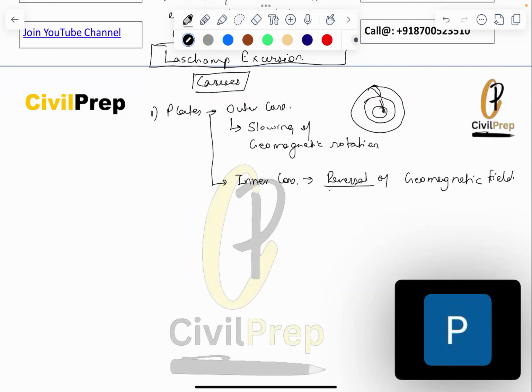The reversal part is quite important here because it is hampering the motion of the inner core and the outer core. So the outer core and inner core are hampered, and it results in a change of direction, and this results in geomagnetic reversal.